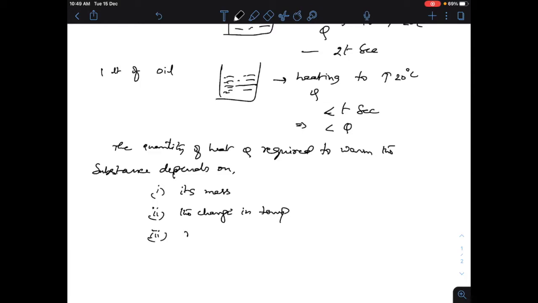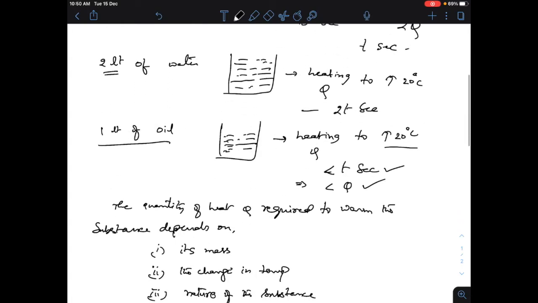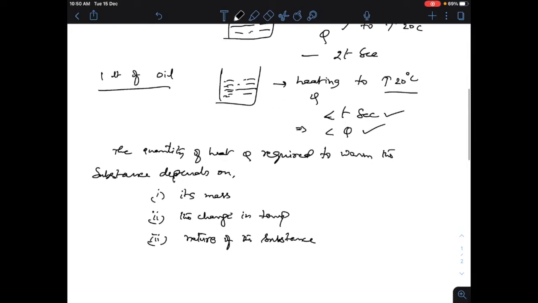And 3, nature of the substance. As you can see, if I consider oil and water of the same quantity with the same temperature rise, then it takes less time and requires less heat in the case of oil. So it depends on the nature of the substance, the change in temperature and mass. So these are the important factors.